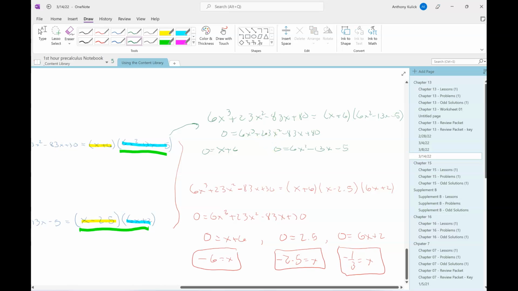Right? So we get, again, negative 6 is equal to x. And then the other piece we're left to solve is this quadratic, correct?